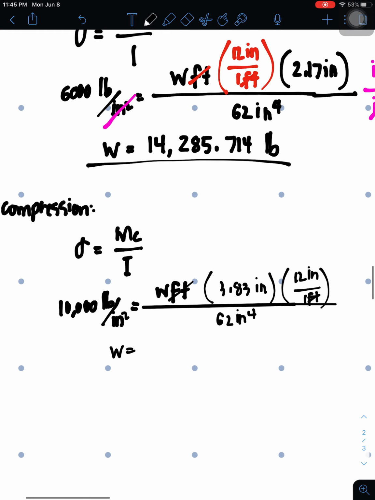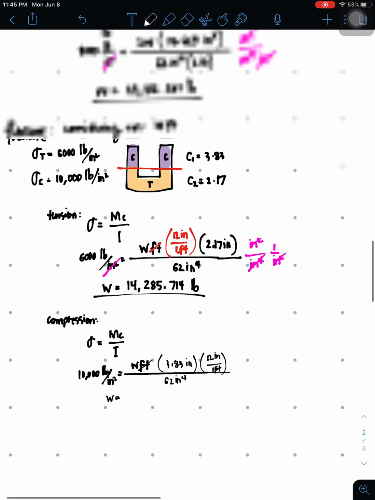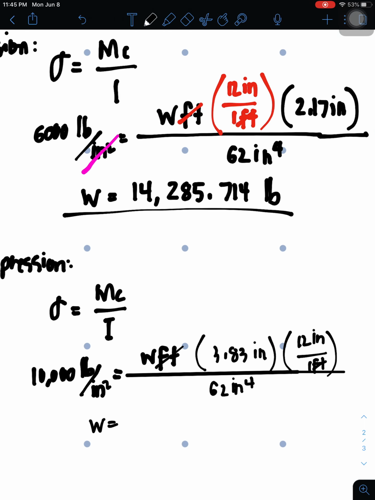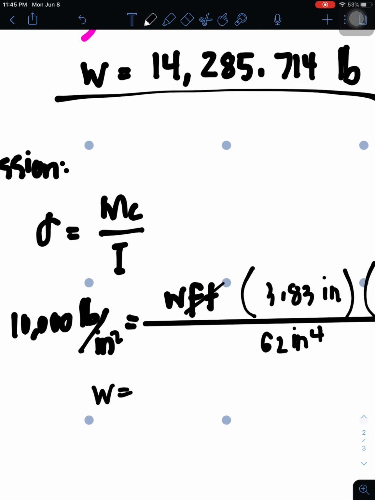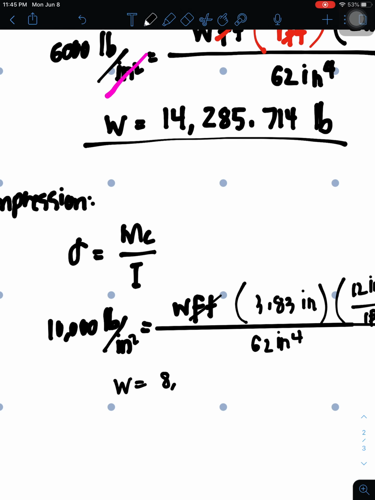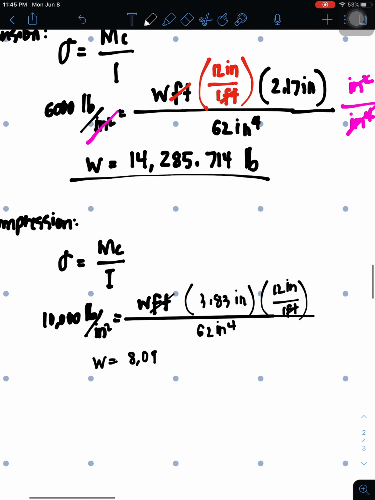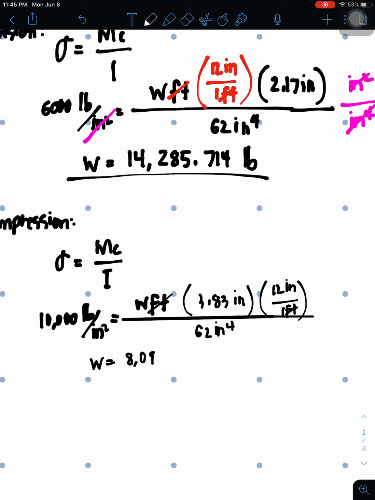We now have W. So it's going to be 10,000 times 62 divided by 3.83 times 12.